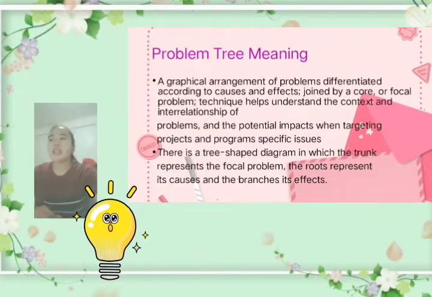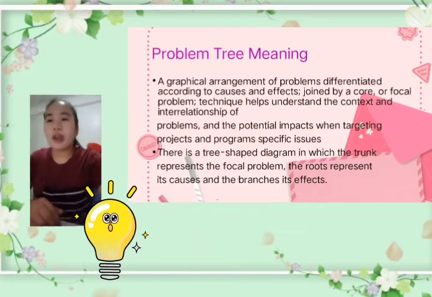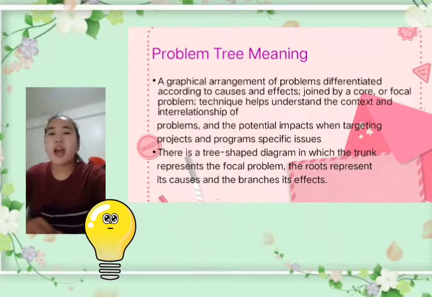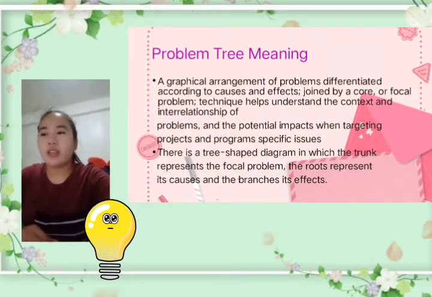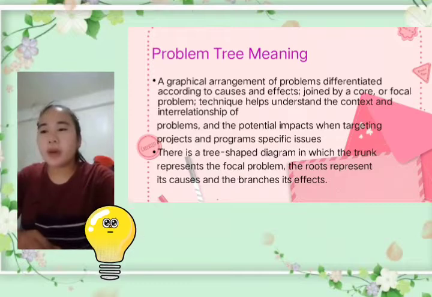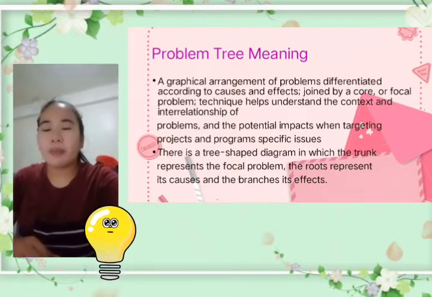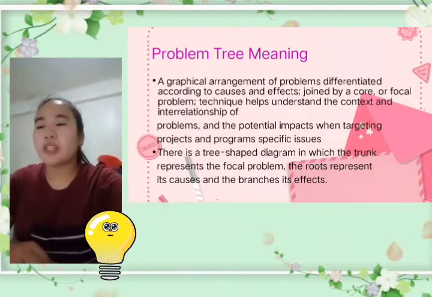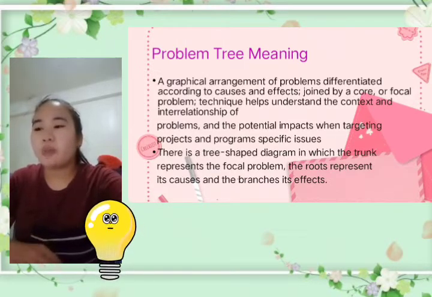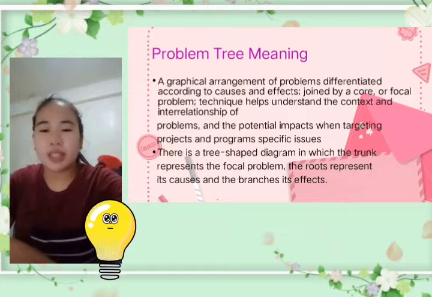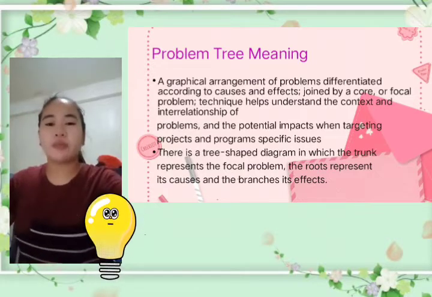Next is a graphical arrangement of problems differentiated according to causes and effects, joined by a core or focal problem. Technique helps understand the context and interrelationship of problems and the potential impacts when targeting projects and programs in specific issues.